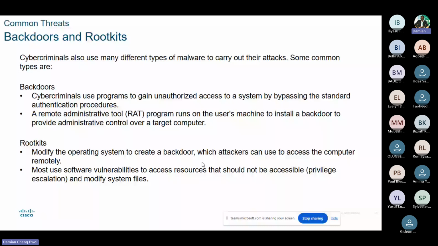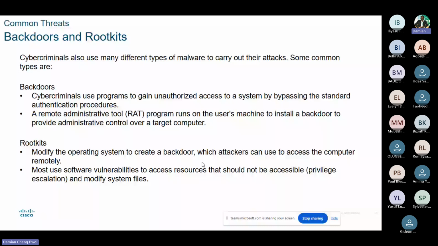So they try to drop certain kinds of scripts or programs that create an opening, which stands as a backdoor, so that they can gain administrator privileges. Rootkits modify the operating system to create a backdoor which attackers can use to access the computer remotely.